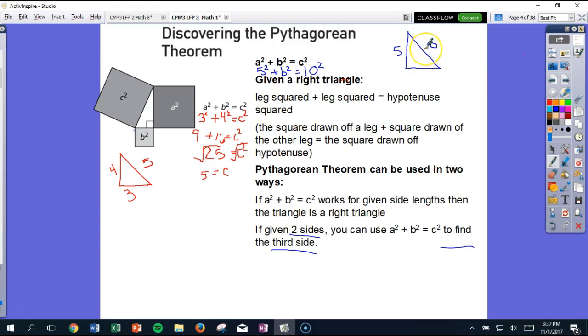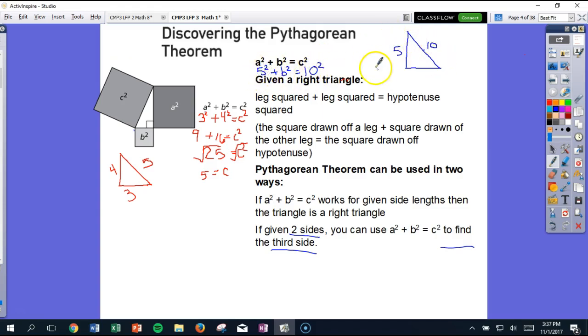So we just substitute in what we have into the equation. So I have one leg, I'll put it in for a squared. So I have 5 squared plus b squared, because we don't know the other leg, equals c squared, or our hypotenuse, which is 10 squared.